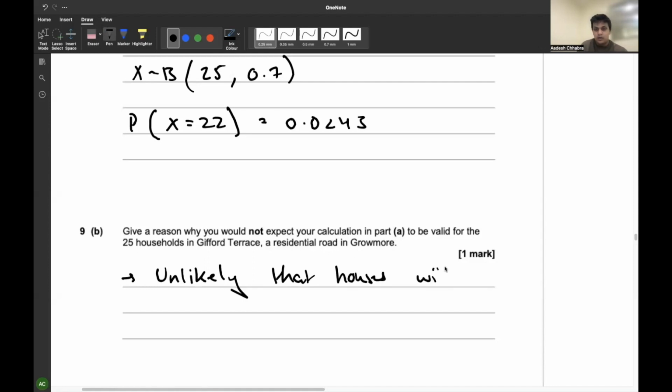It's likely that all the houses will be very similar. And so this is why binomial may not be the best method to go for. And that is question 9B.